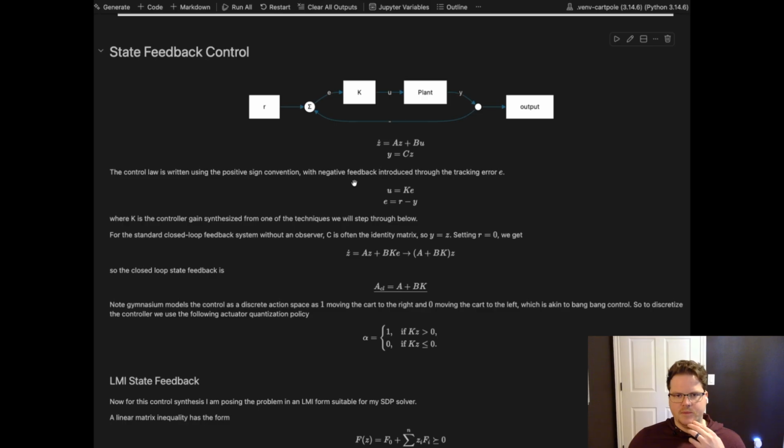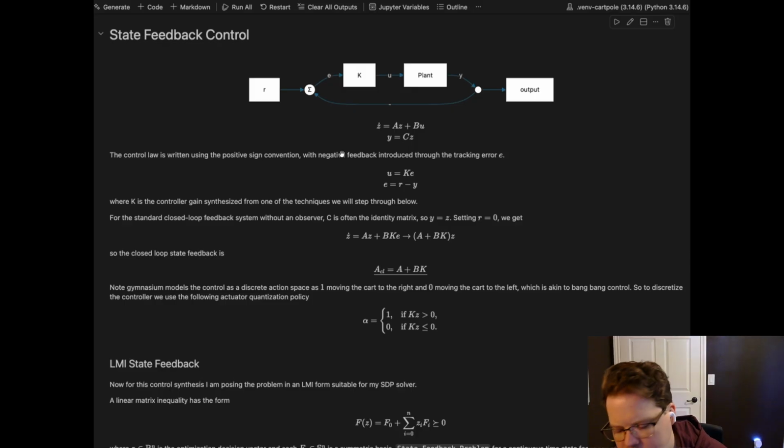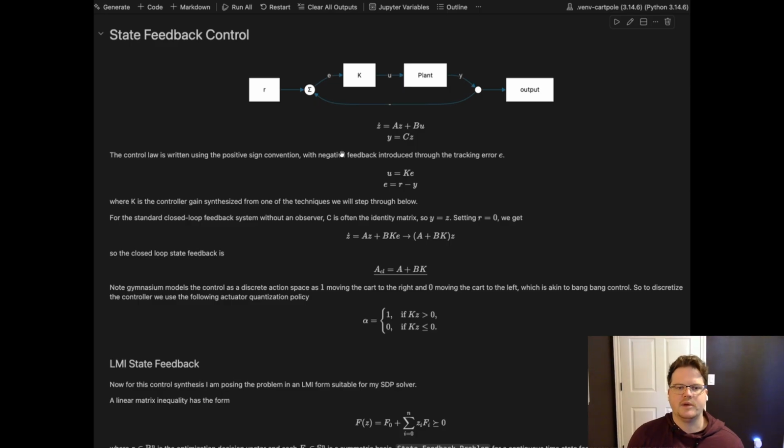So I basically stepped through that. I am using a positive sign convention for the controller gain, and this is in line with Stephen Boyd's LMI textbook, and I think some others. I think maybe Skogestad as well, versus minus on the other side.